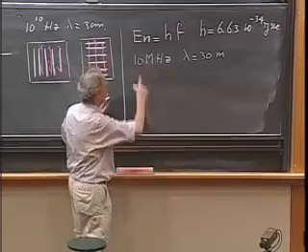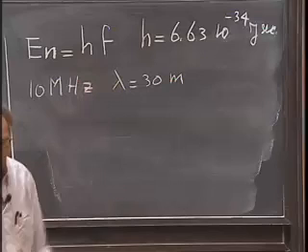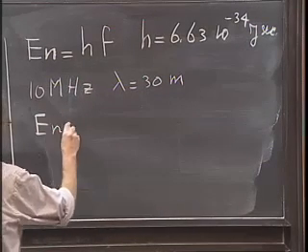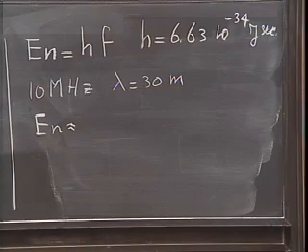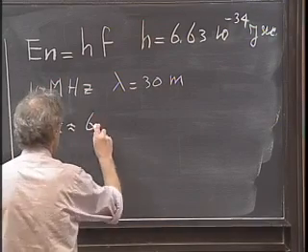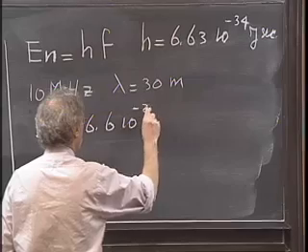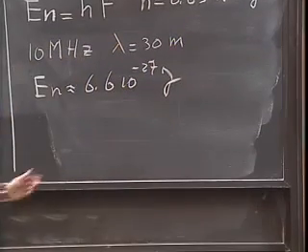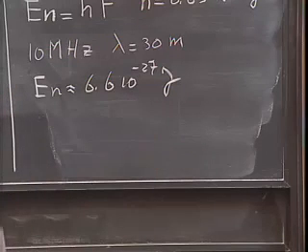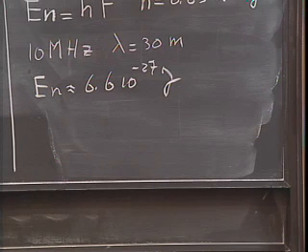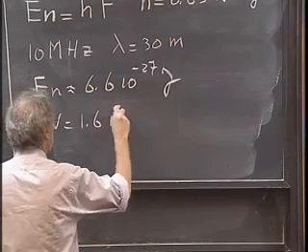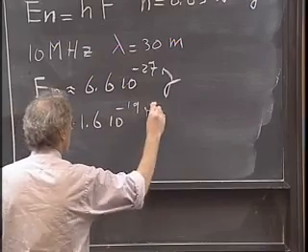And if you substitute for this frequency and you multiply it by h, then you get that the energy is about 6.6 times 10 to the minus 27 joules. In physics, we don't like to work with such very small numbers, so we often convert them to what we call electron volts. 1 electron volt is 1.6 times 10 to the minus 19 joules.